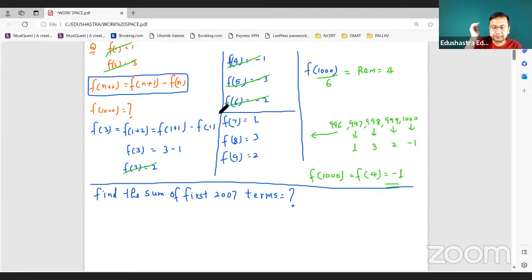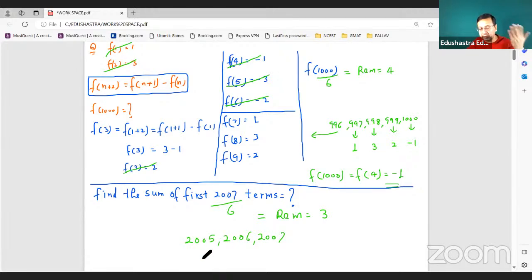Right? Now, the same pattern, same thing, what to do? Divide this 2007 by 6 because the function is showing a cyclic pattern of 6 steps. And now what to do? Check for the remainder. What is the remainder? 3. So the last 3 terms remain without any grouping, which are 2007, 2006, and 2005.